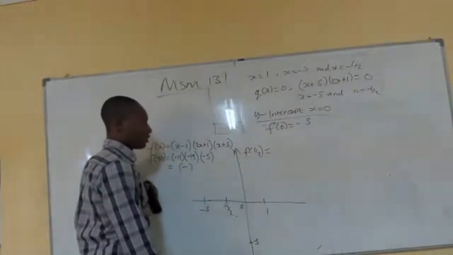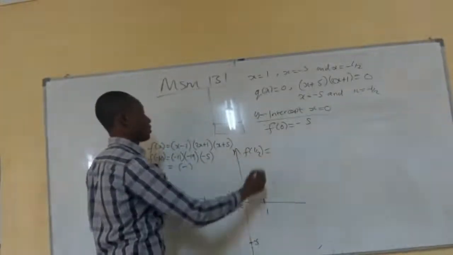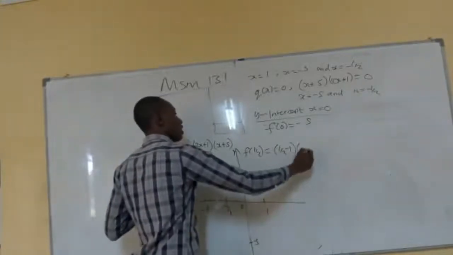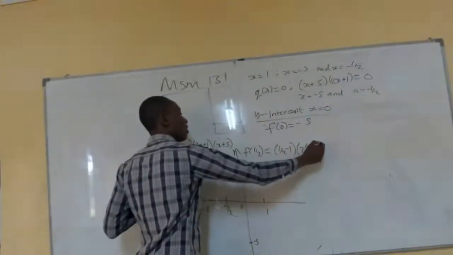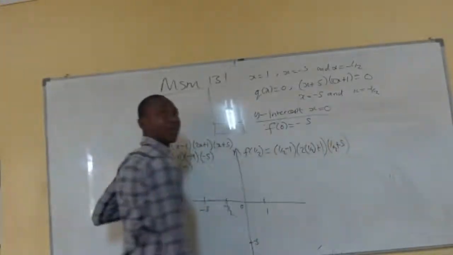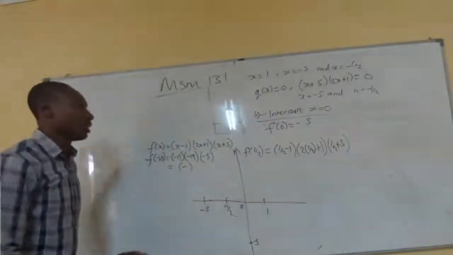So f of 1 over 2, we're going to have 1 over 2 minus 1, then 1 over 2 plus 1, then 1 over 2 plus 5. Okay, so this is what we have.